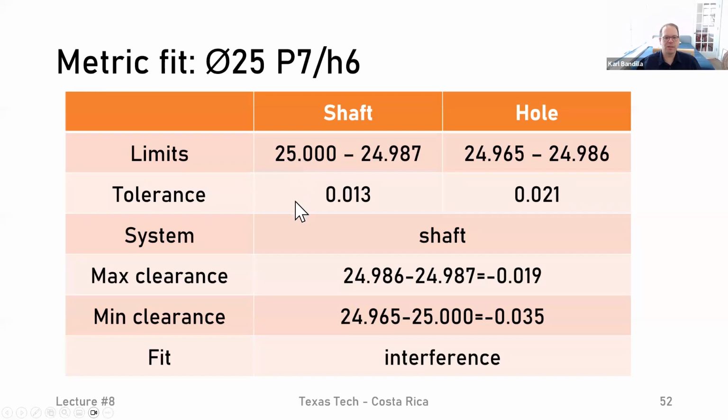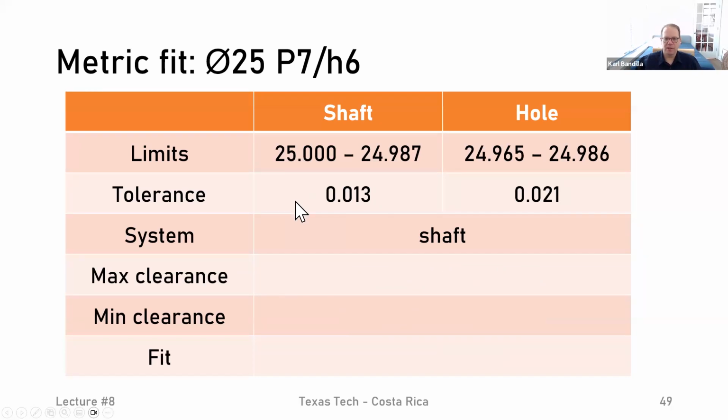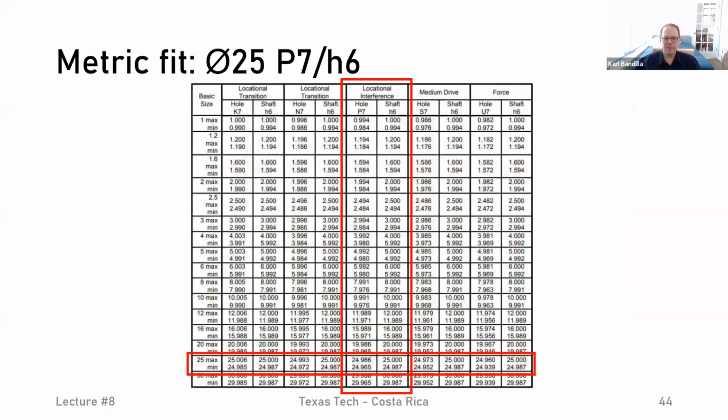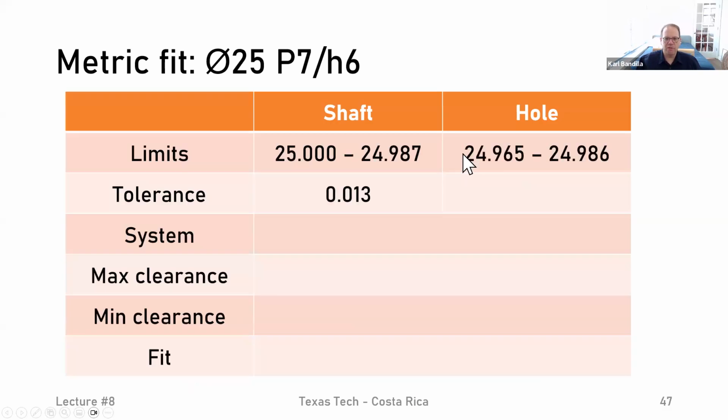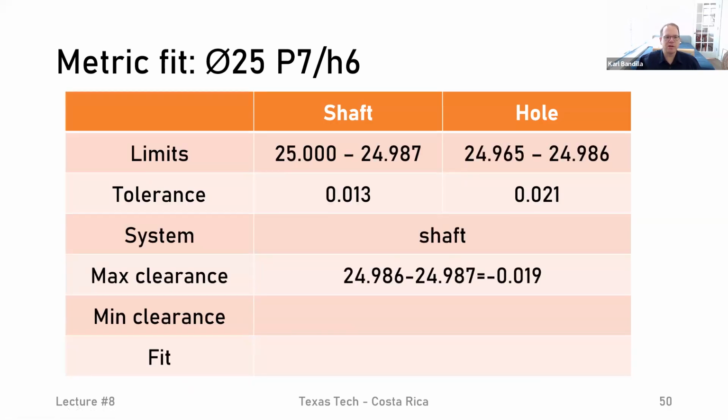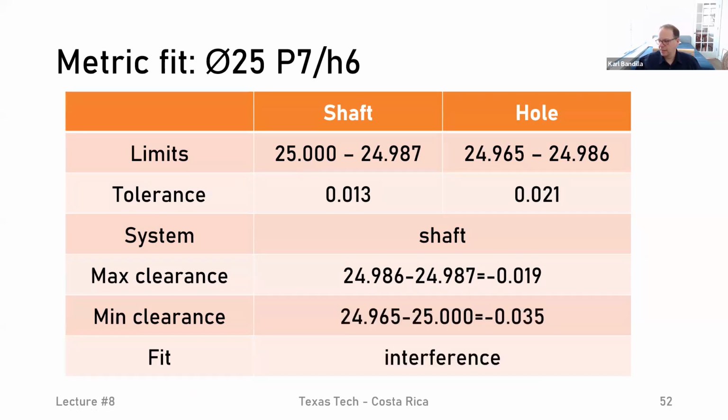So let's go back to the big table. In these tables, I'm given 3 digits after the decimal point. So in my table, everything has to be 3 decimals. It all needs to be consistent.